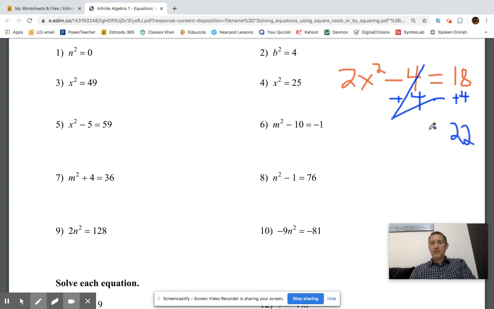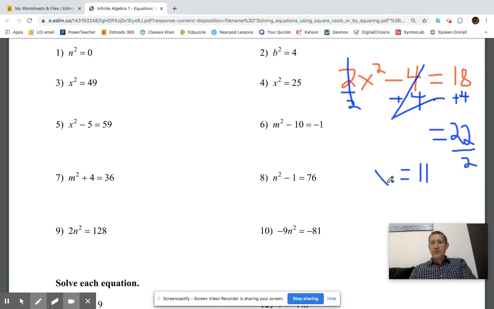Okay. And then we're going to divide by 2. See, I'm kind of cheating here. 22 divided by 2 is 11, because the opposite of multiplying is dividing, so that's how we get rid of that.